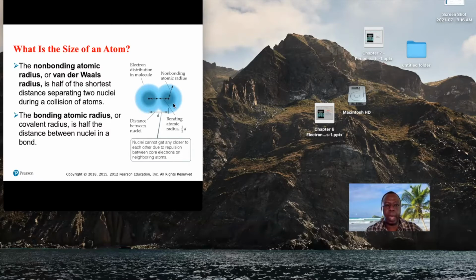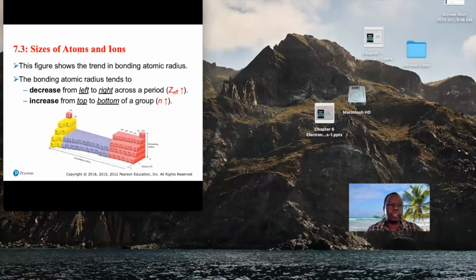When 2 atoms collide, before they bounce or before they form a bond, the non-bonding atomic radius, or van der Waals radius, is the shortest. This is just the non-bonding atomic radius from the nucleus to the outermost shell where there is an electron.